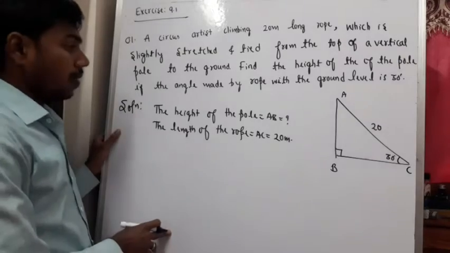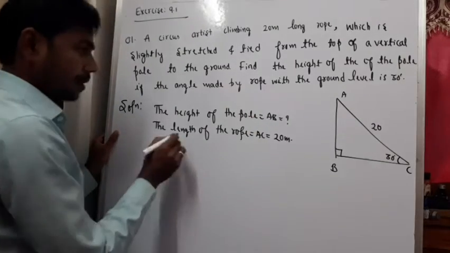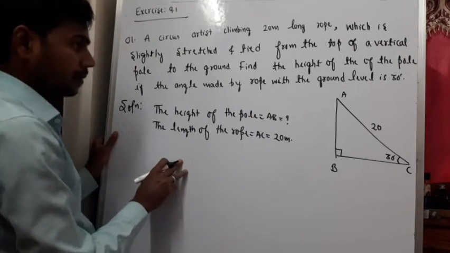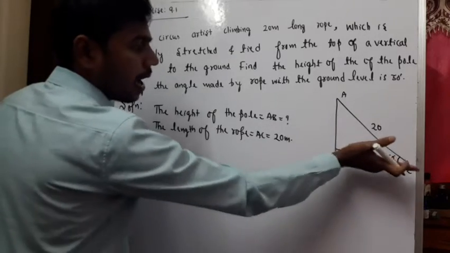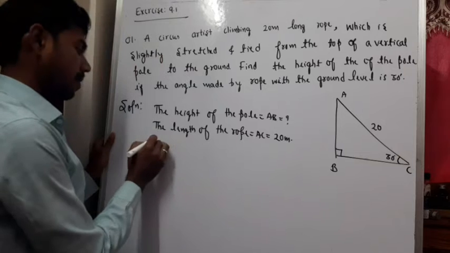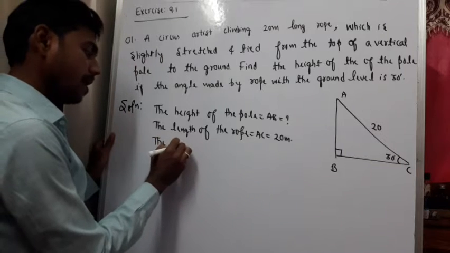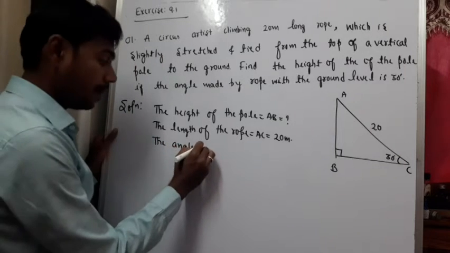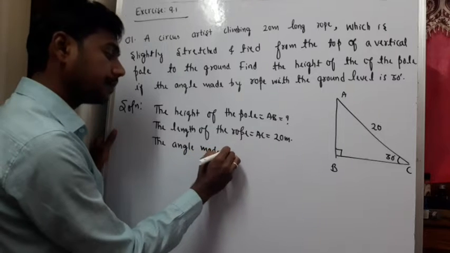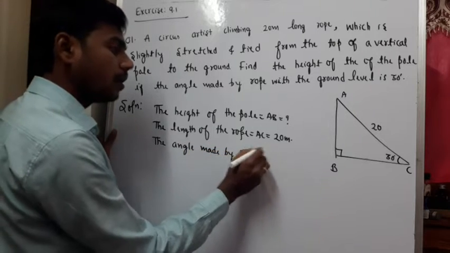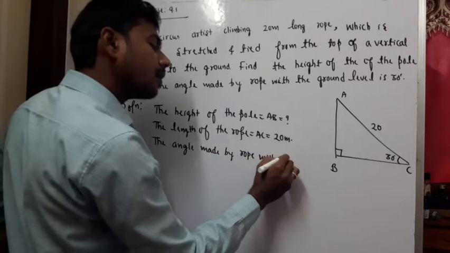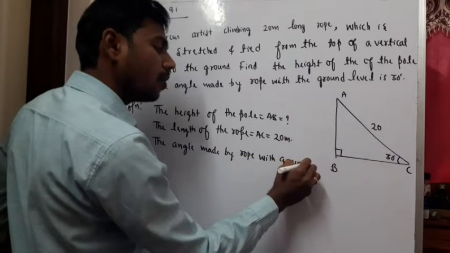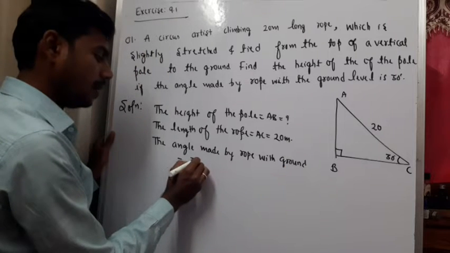One more thing that is given: the angle made by the rope with the ground is equal to 30 degree.